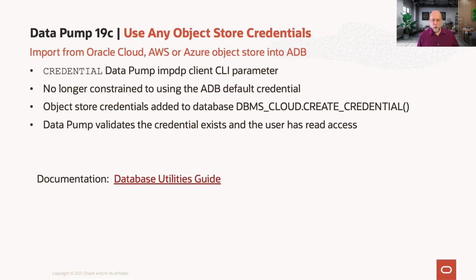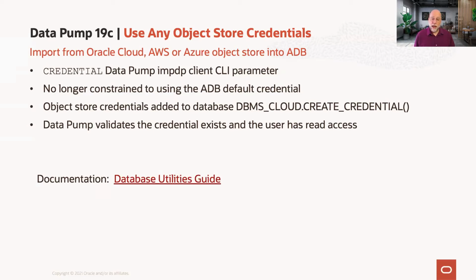For importing into cloud, into Autonomous Database, we added the ability to do that in 19c. In our Autonomous Database, you could import from any of these cloud object stores, the AWS S3 or Azure or Oracle Cloud Object Store. Now, this capability will be coming on premises to Oracle Database.